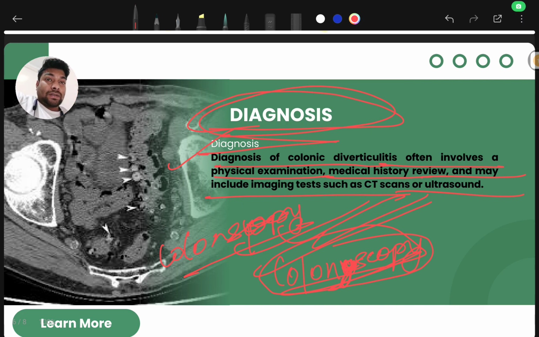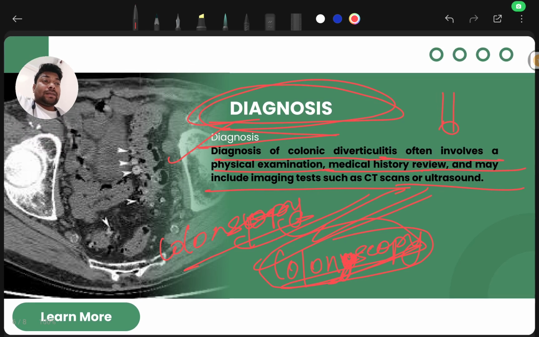So a camera, okay, is inserted through a tube in the colon, through the anus part, and easily we can see whether there is any abscess formed in the wall of colon, or we can say any inflammations occurring in the wall of colon, okay.